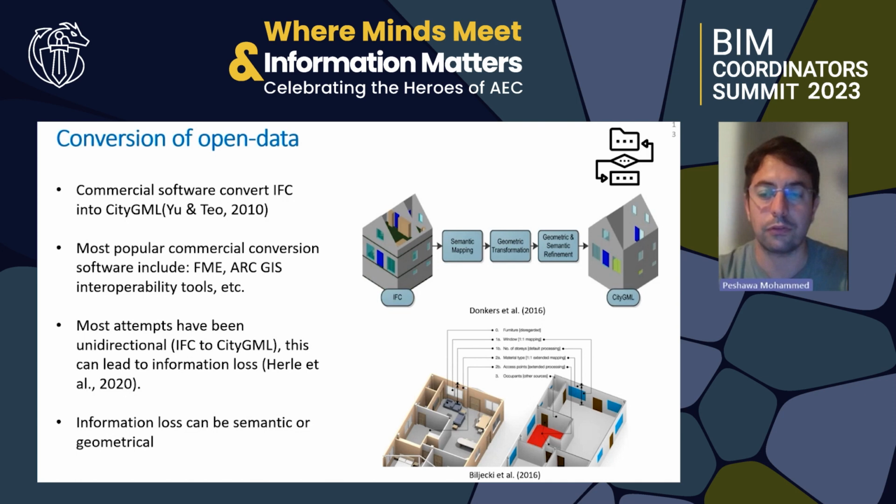In the second photo from the bottom, you can see we have IFC on the left and CityGML on the right. And you can see that there are certain objects that exist in IFC, but they are not present in CityGML. That's why it is inevitable that we have information loss while converting.